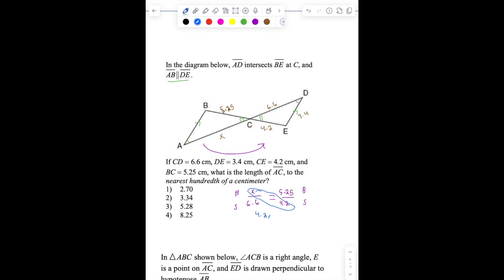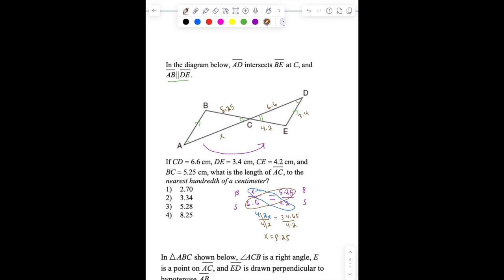We have 4.2 times X, and then this way, we have 6.6 times 5.25, which is 34.65. And then I can divide both sides by 4.2, and I get that our X value is 8.25.